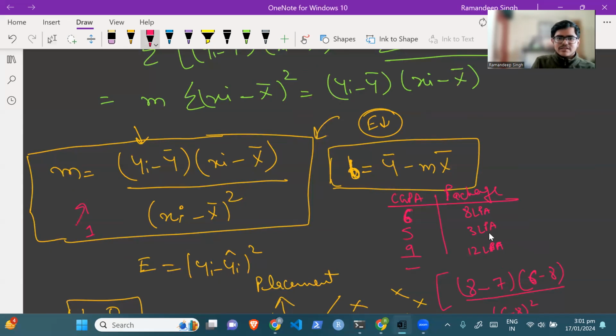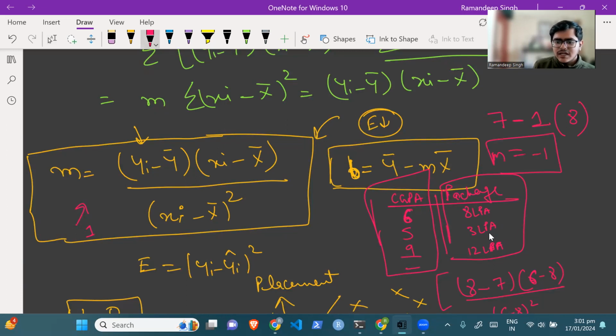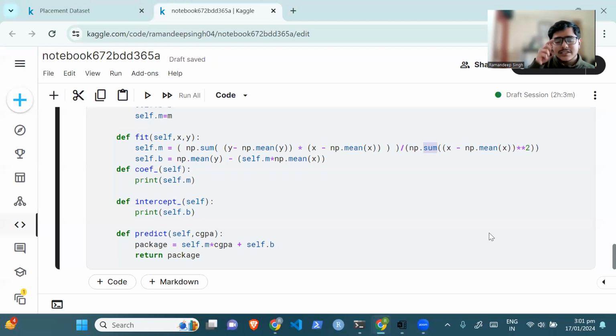What this formula says is, I take the mean of my package column, suppose it is 7, minus m, that is 1, into the mean of my CGPA column, that is coming out to be 8. So b equals 7 minus 1 into 8, and this is how b is calculated. So here it is, mean of y minus m into mean of x.